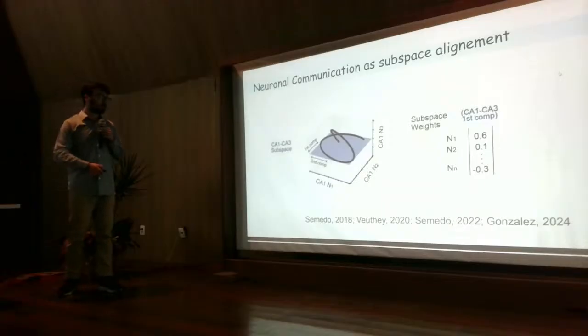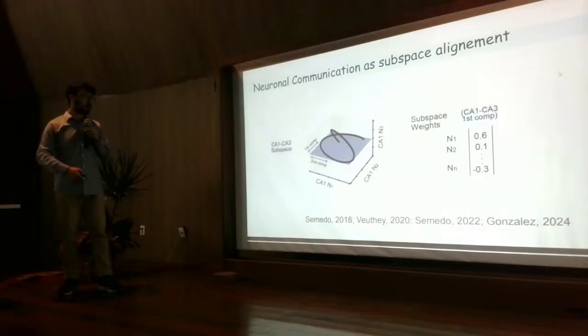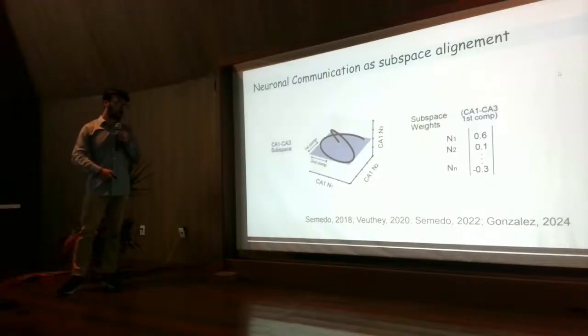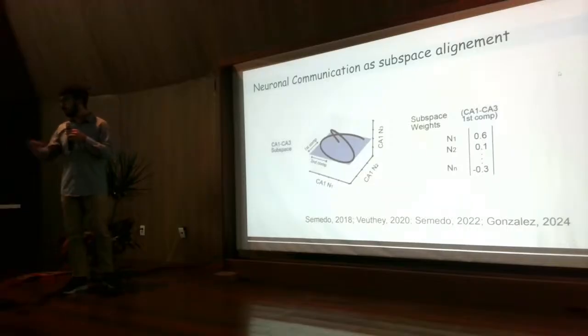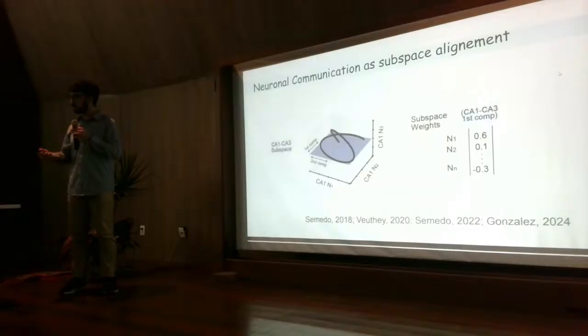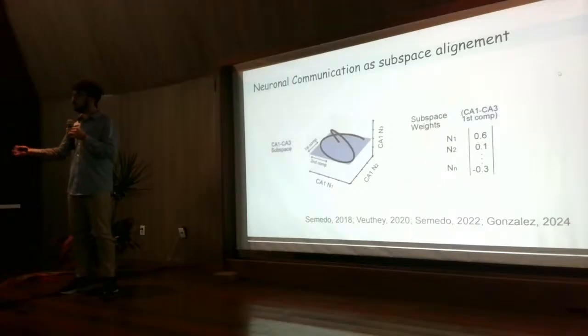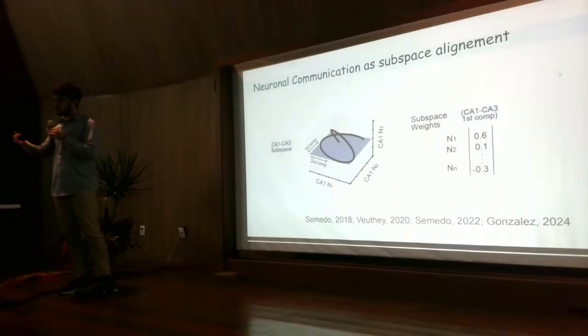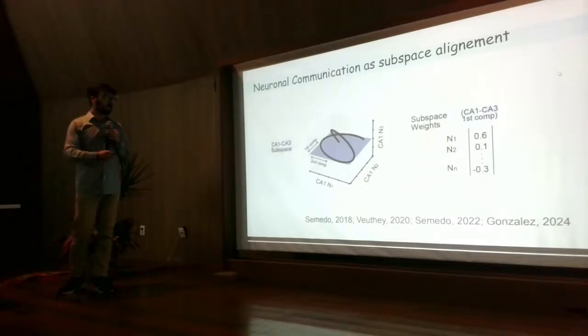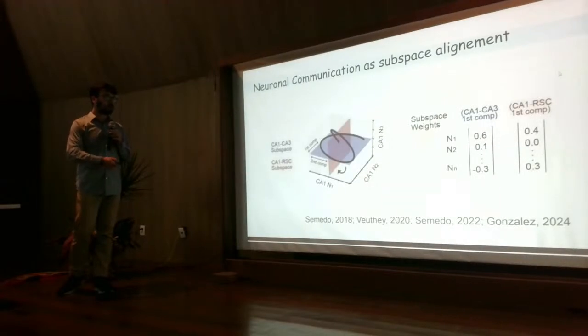These are ideas that were originally developed in this 2018 paper, and the field has evolved towards this idea. What's new is that you can find these subspaces if you have 2 regions recorded simultaneously. If you have more than 2 recorded regions simultaneously, you can start thinking about what happens if we record another region, and how the new subspace is related to the original subspace.